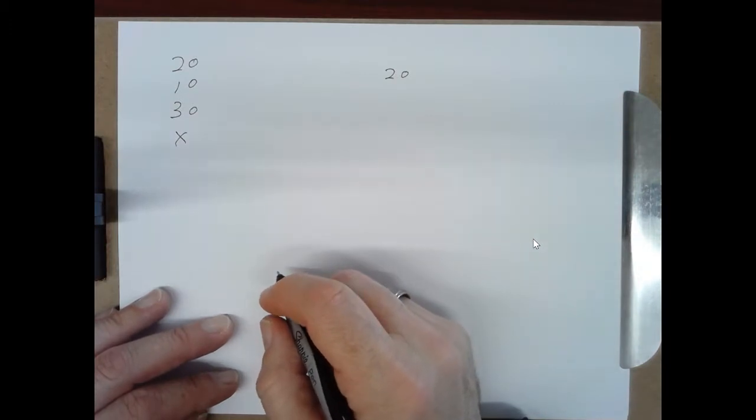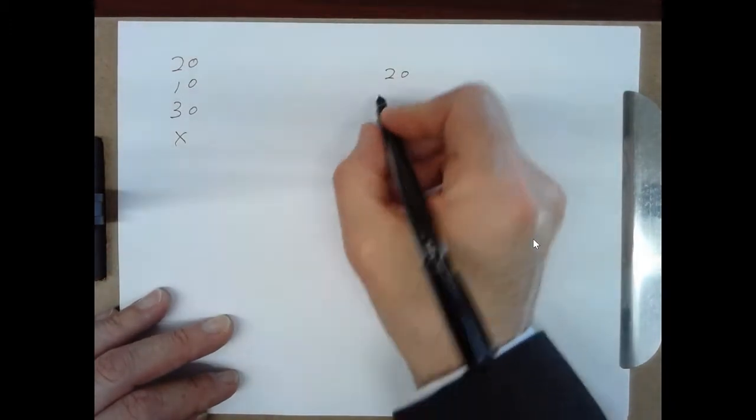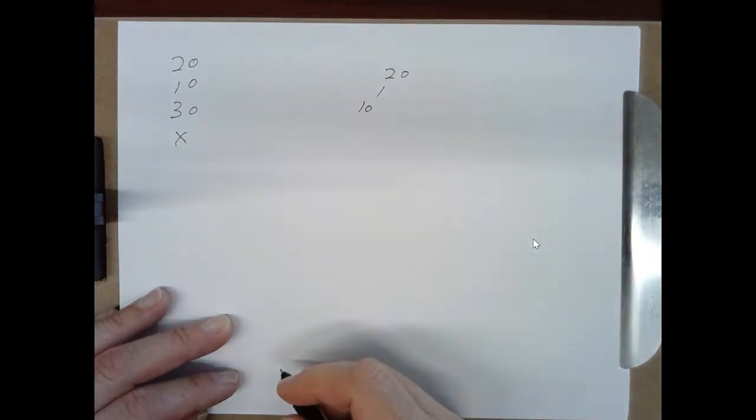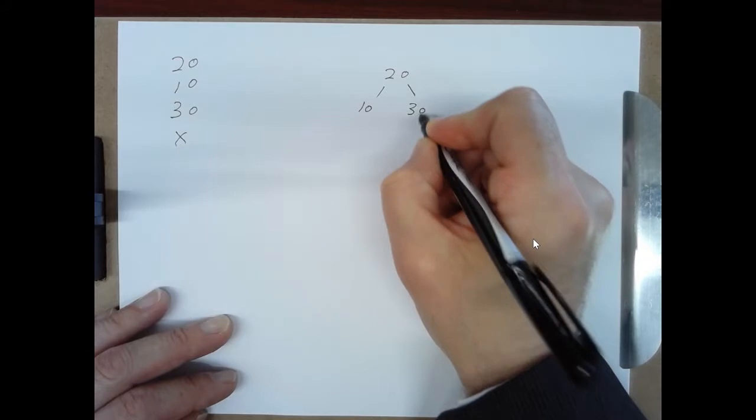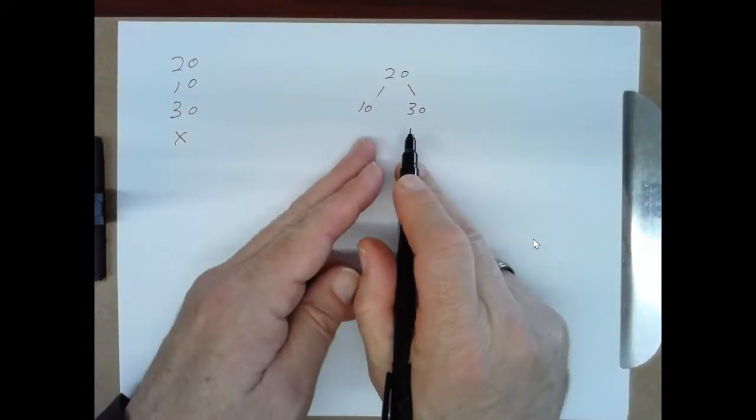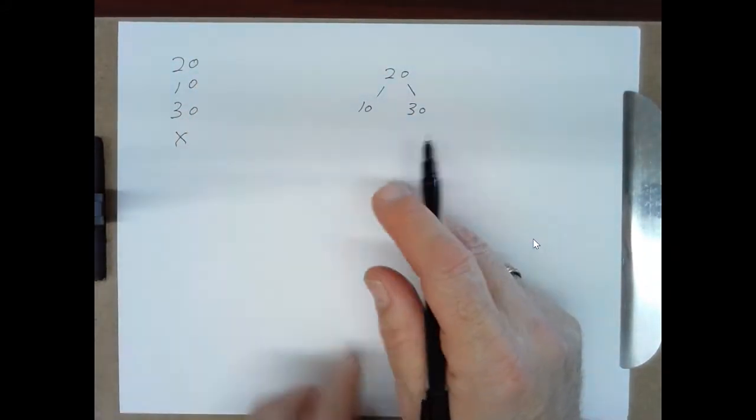When you type in a 10, it's going to go to the left of the root. There's nothing there. That's where it'll put the 10. When you type in a 30, it will go to the right of the root, find nothing, and it'll put the 30 right there. So this is the tree that should be built internally if you type in 20, 10, 30.